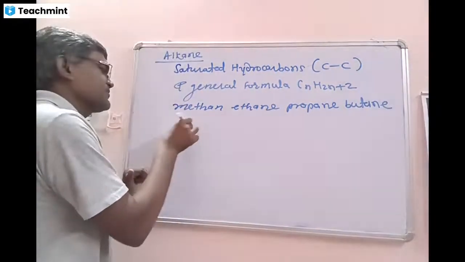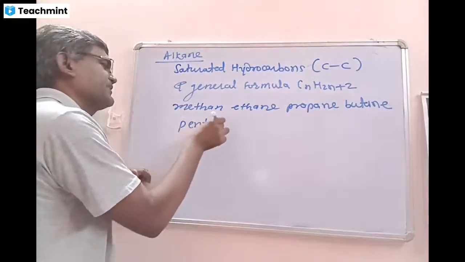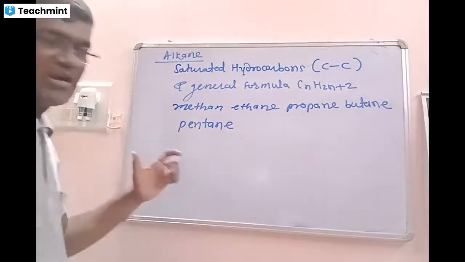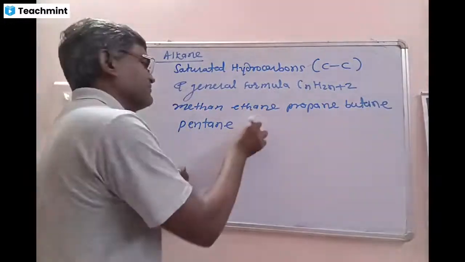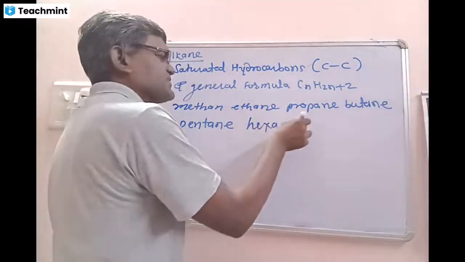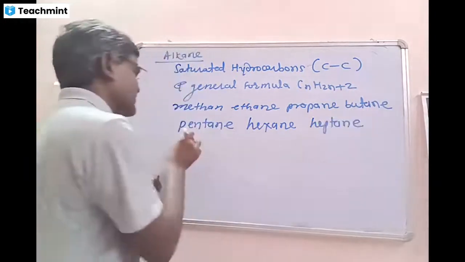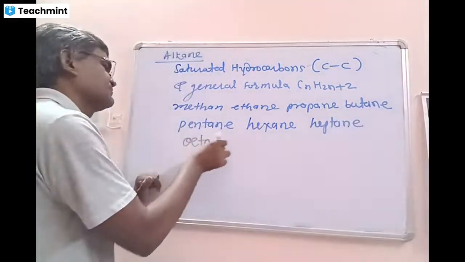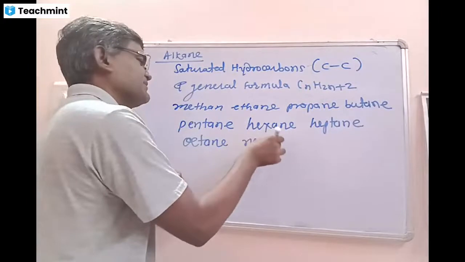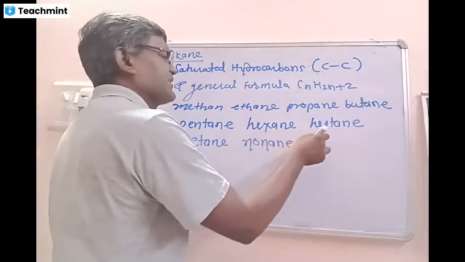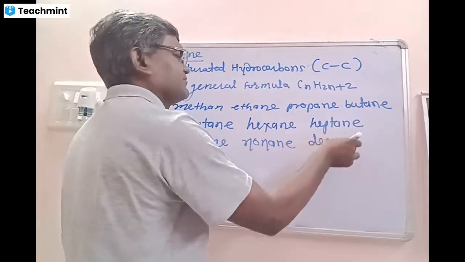But onward is just on the number of carbon atoms. Pentane means 5 carbon. Then we have that hexane. How many carbon atoms? 6. Then heptane as the 7 carbon. Then we have that octane as 8. Then nonane as 9 carbon, and decane with 10 carbon.